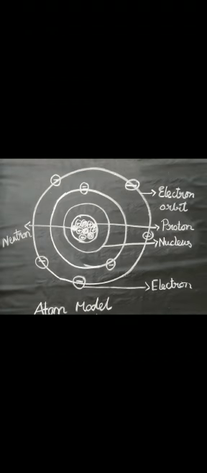But the electrons in the outermost orbit are loosely bound, and they can be easily removed from the atom. So this is the atom model.